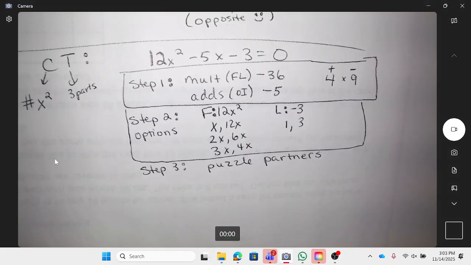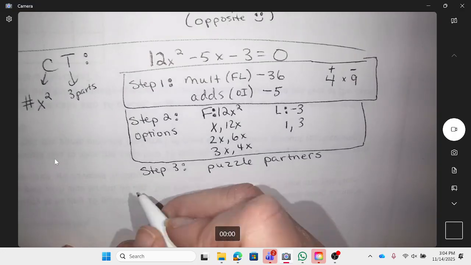Okay, so in step 2, I was literally just listing options. I'm just showing you all my options. So then step 3 was puzzle them together.